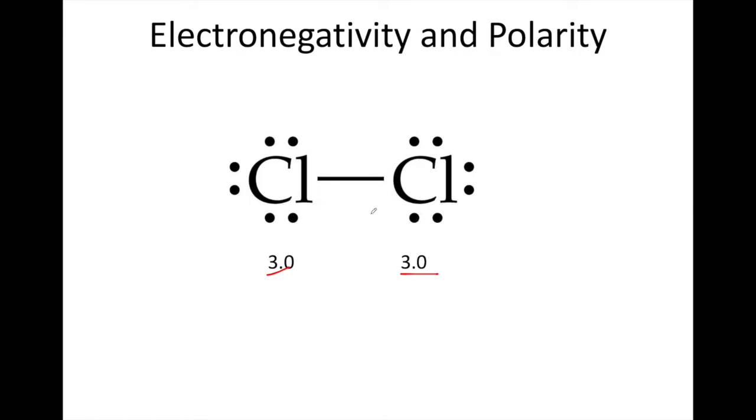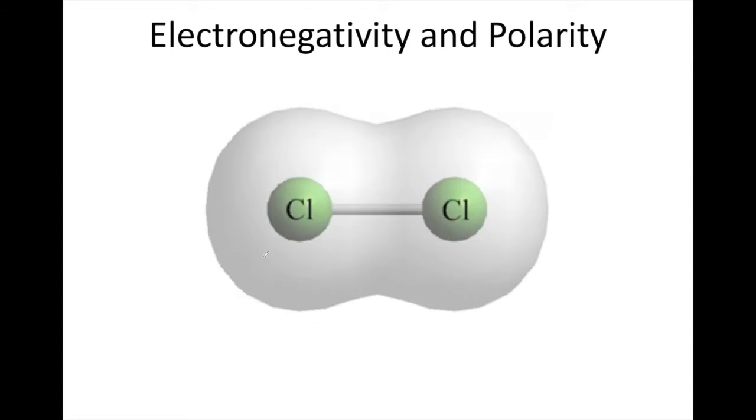Let's calculate the difference in electronegativity. The difference between our two chlorines, 3.0 minus 3.0, of course, is 0. So the difference in electronegativity between these two atoms falls within our 0 to 0.4 range, so that tells us that this molecule is nonpolar.